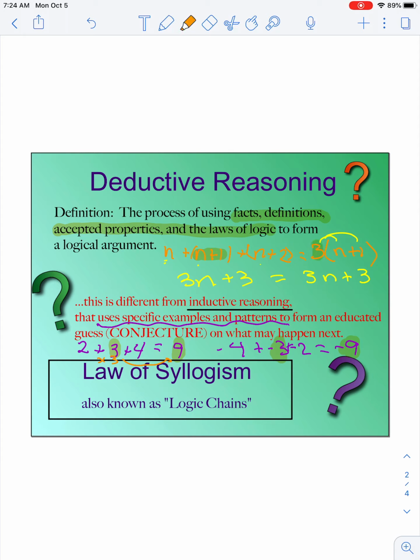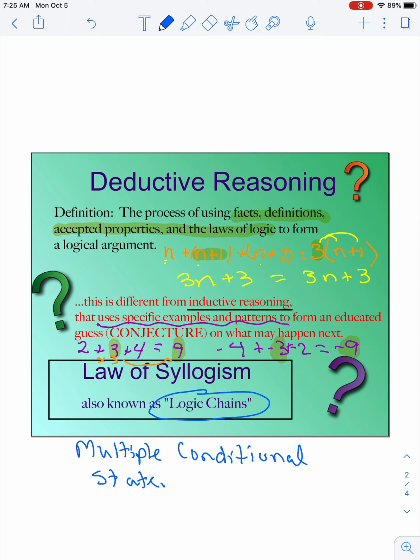So now let's take a look at one other thing that we're going to study in this section, and that is the law of syllogism. And we're not going to specifically work with that today, but the law of syllogism is logic chains. Okay? So that is multiple conditional statements that are all linked together.